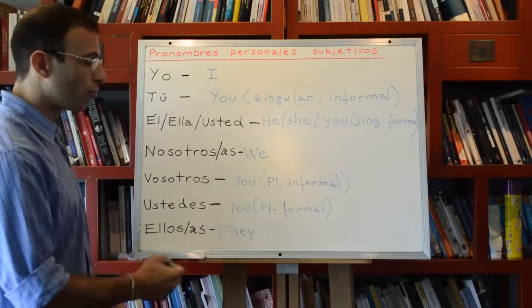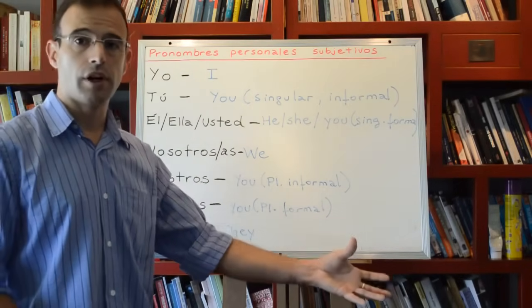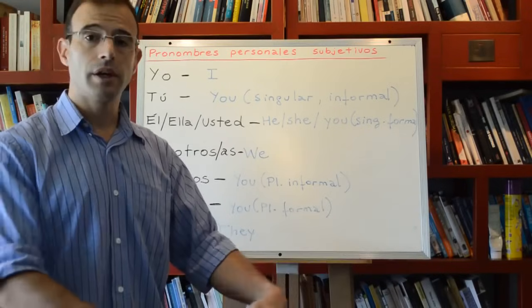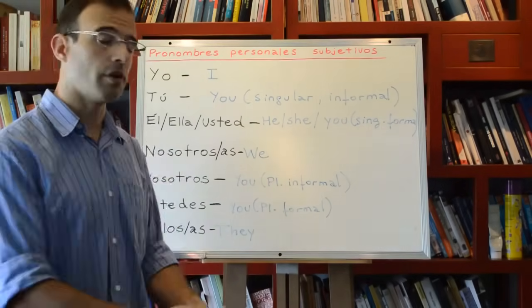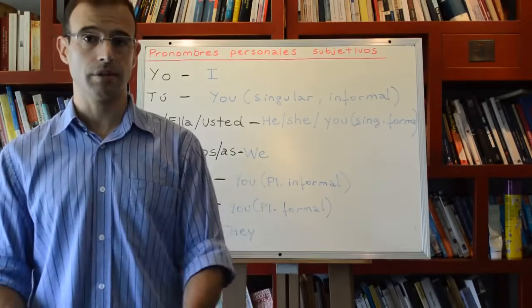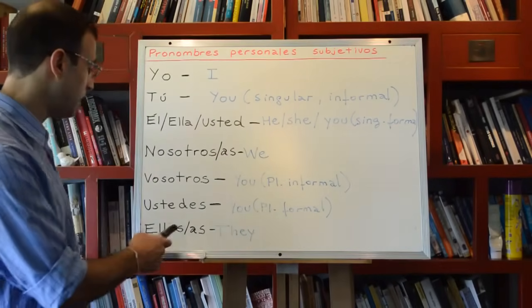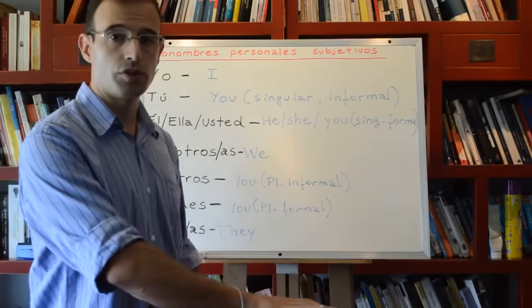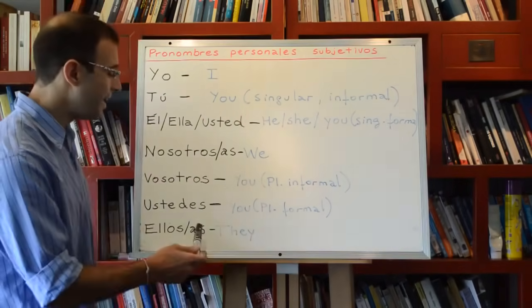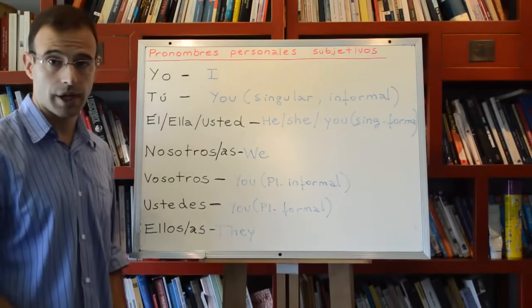So ellos is they for a male group of people, or even for a mixed group of people formed of male and female, men and women, okay? Ellos. And if the group is formed just of women, it is ellas, the feminine, okay?